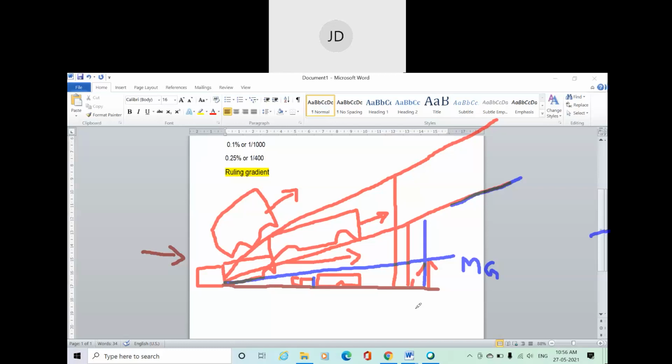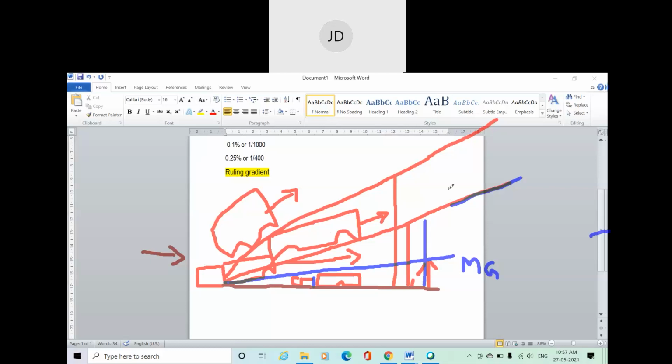While operating on the ruling gradient, we don't need to provide any additional engine power. The same locomotive can carry the wagons on the ruling gradient without additional engine power. Therefore, ruling gradient is that value of gradient which allows you to operate effectively with the same engine power.